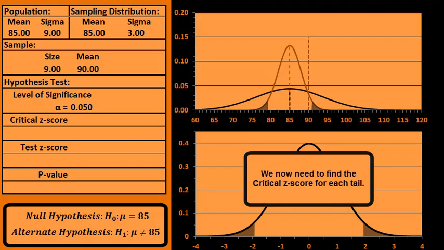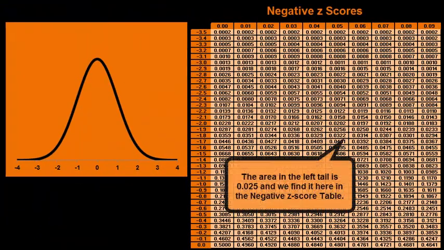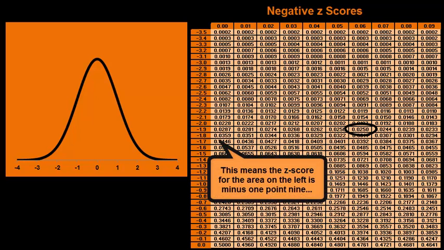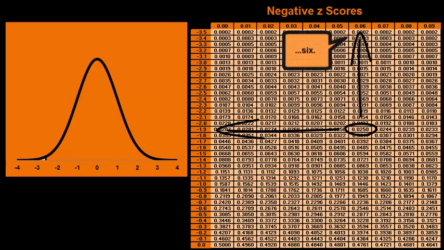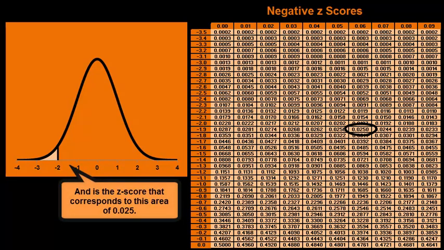We now need to find the critical z-score for each tail. The area in the left tail is 0.025, and we find it here in the negative z-score table. This means the z-score for the area on the left is minus 1.96, and is the z-score that corresponds to this area of 0.025.